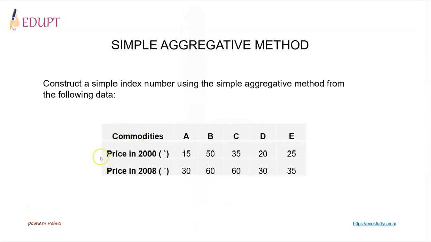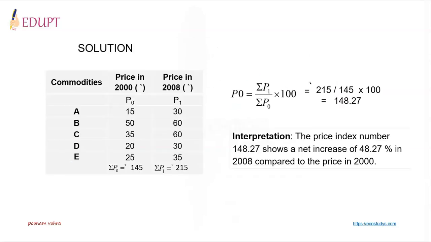You need to construct a simple index number using the simple aggregative method from the following data on the prices of commodities that existed in 2000 and in 2008, where 5 commodities are given as A, B, C, D and E. Have a look at the solution. You need to make a table with 3 columns. First column is the commodities.